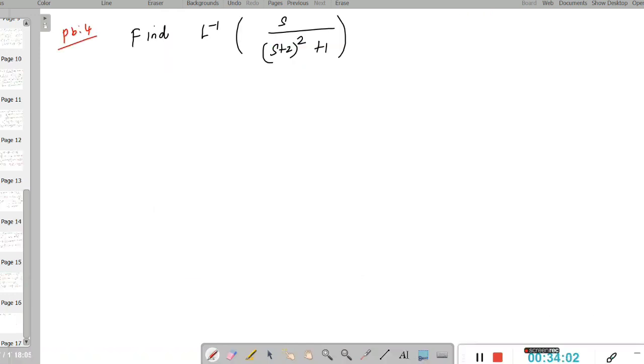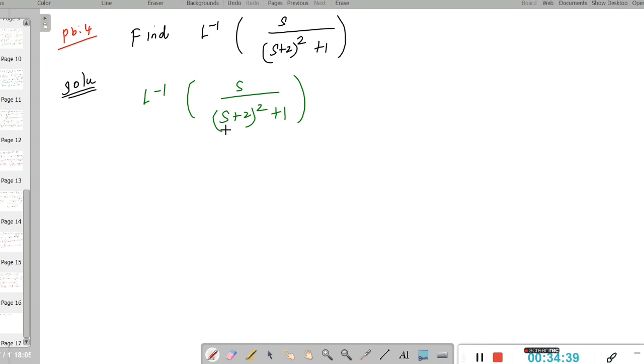Third problem: find L inverse of s by s plus 2 whole square plus 1. So how to do this problem? Before applying any formula, try to check what is the nature of s.